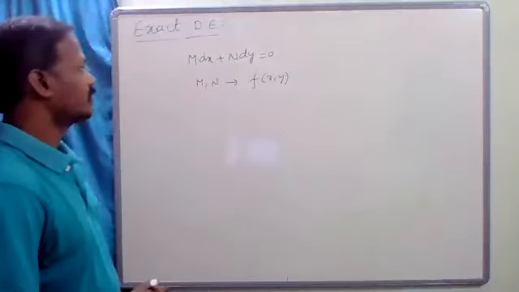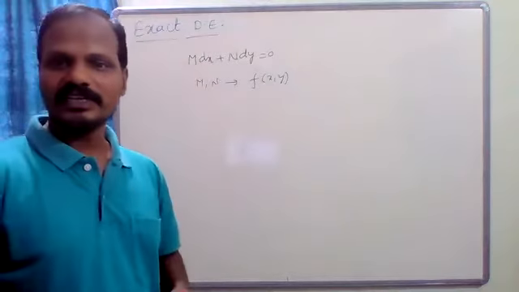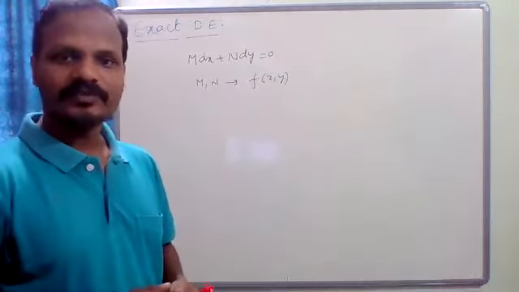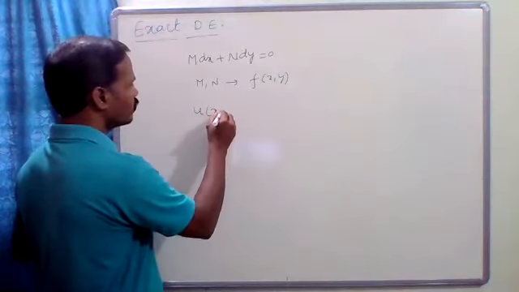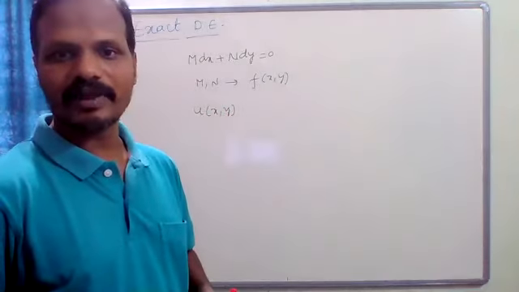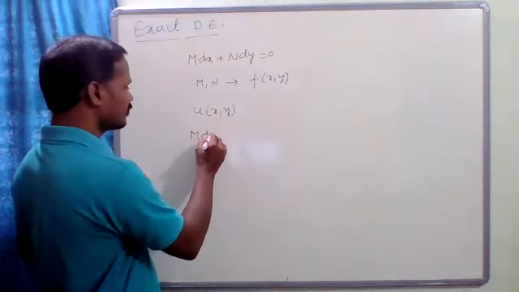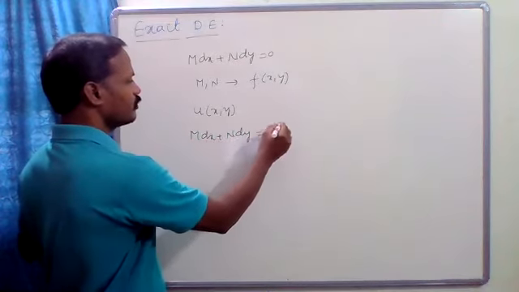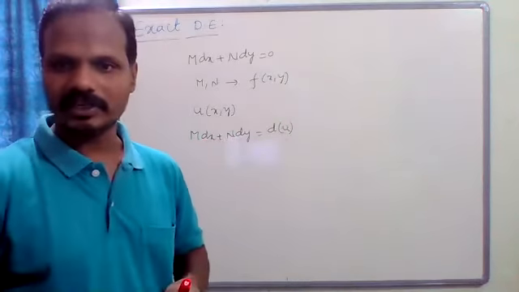Then such a differential equation is said to be exact if there exists some function u of x comma y such that M dx plus N dy equal to d of u, the differential of u.